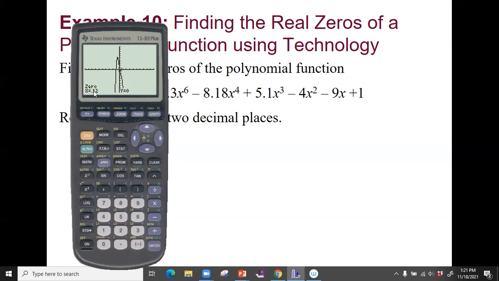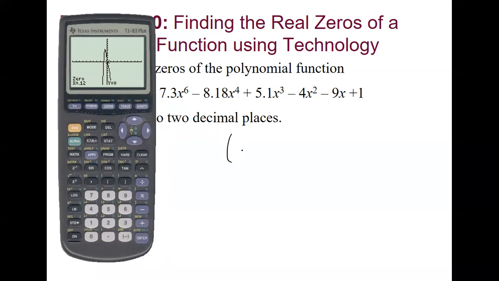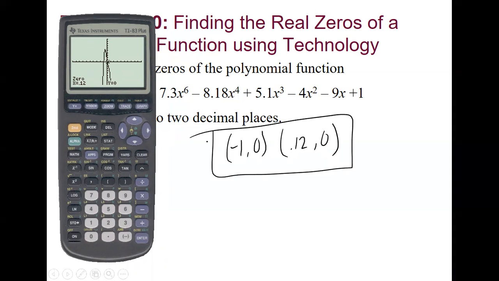And it says your other value is at approximately negative 0.12. So my real zeros are at -1 and approximately -0.12. That would be my answer. And that's how you do it with technology.